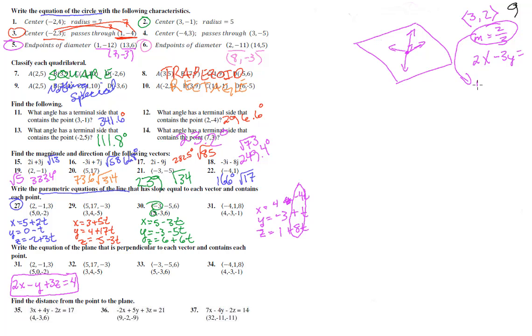The perpendicular slope would be negative 3 halves, which if I wrote it in vector form would be a negative 3 on the y and a 2 on the x. So the perpendicular slope in vector form turns out to be exactly the coefficients in front of the x and the y. It's actually a three-dimensional extension of our shortcut to the standard form of an equation of a line.